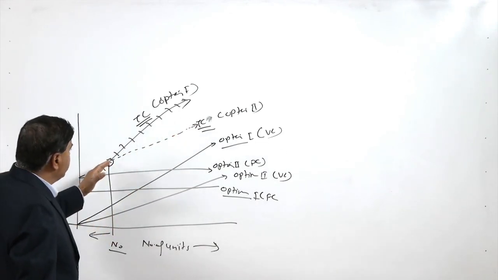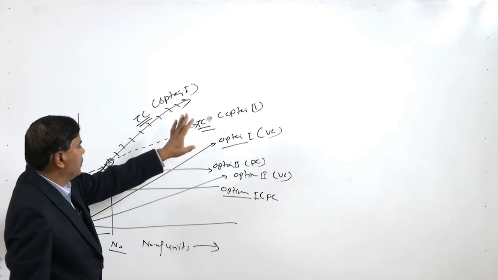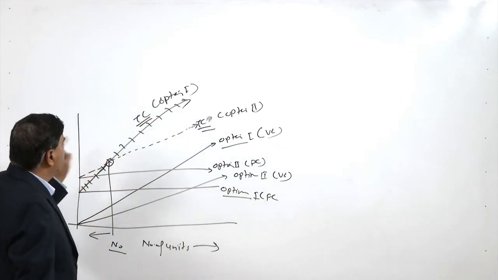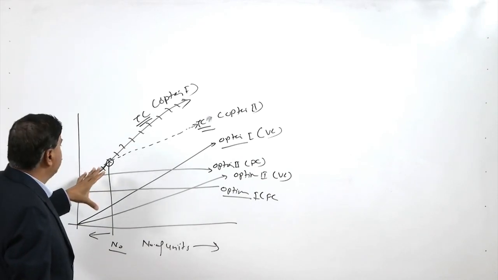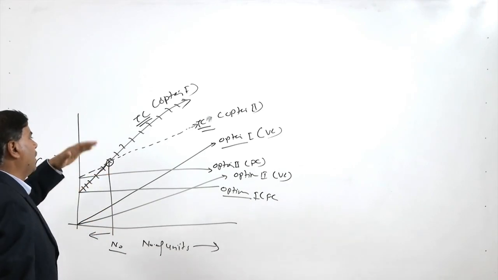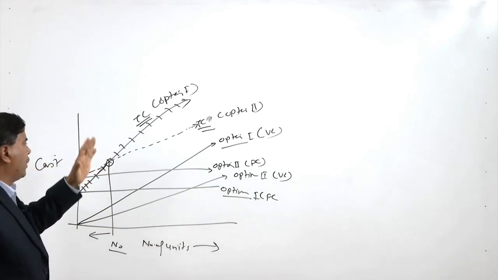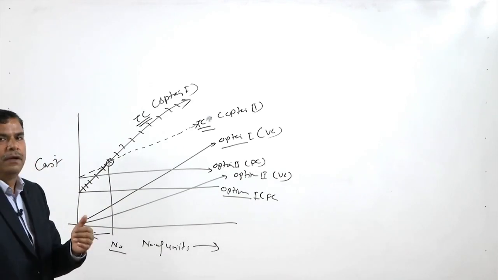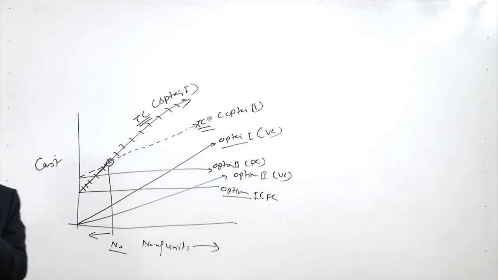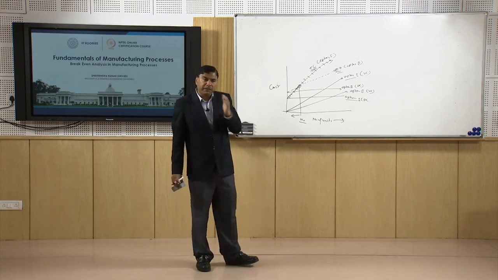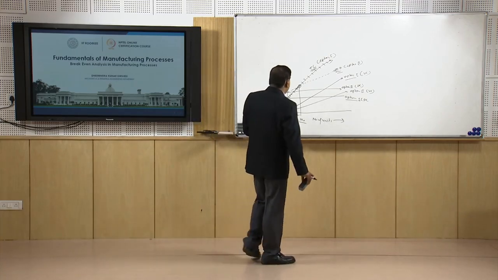We try to identify the total cost for the two options, and wherever these two lines intersect, that helps us identify the limit. Likewise, we can have n number of total cost lines for various options, and wherever they intersect, that can be used to find out the limit up to which a particular option will be more suitable as compared to the other options.